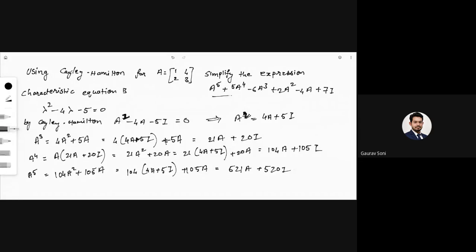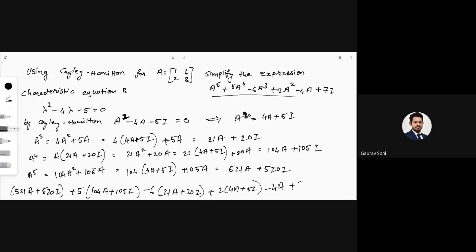So we can put the values now and simplify this expression. Substituting the values, what we will have is 521a plus 520i plus 5 in bracket 104a plus 105i, minus 6 in bracket 21a plus 20i, plus 2 in bracket 4a plus 5i, minus 4a plus 7i.